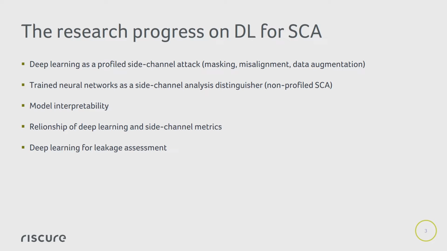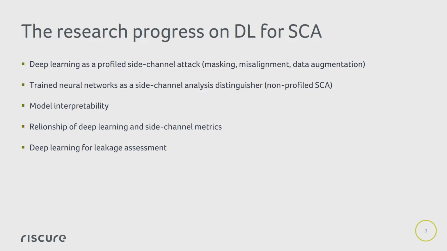He trained a neural network for every key byte candidate, and the neural network presenting the highest accuracy, the best training metrics, is considered the best. The key is associated with that network, so the network itself is used as the distinguisher. This is interesting work because it's a non-profiled attack. You don't need labeled data, and you don't need to do the profiling phase. That's the interesting part of this work.